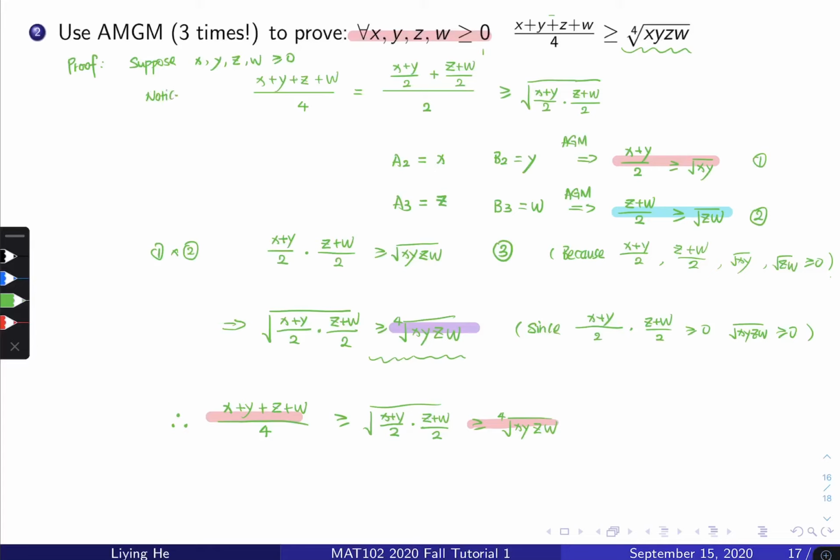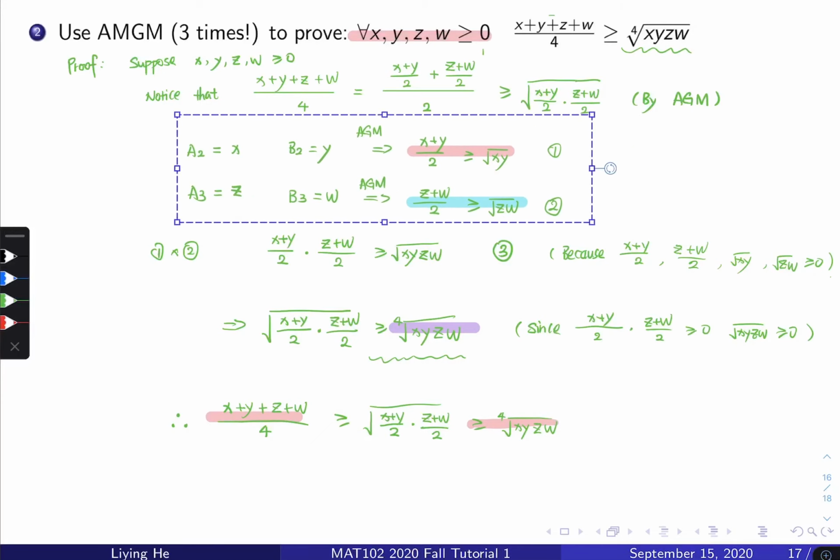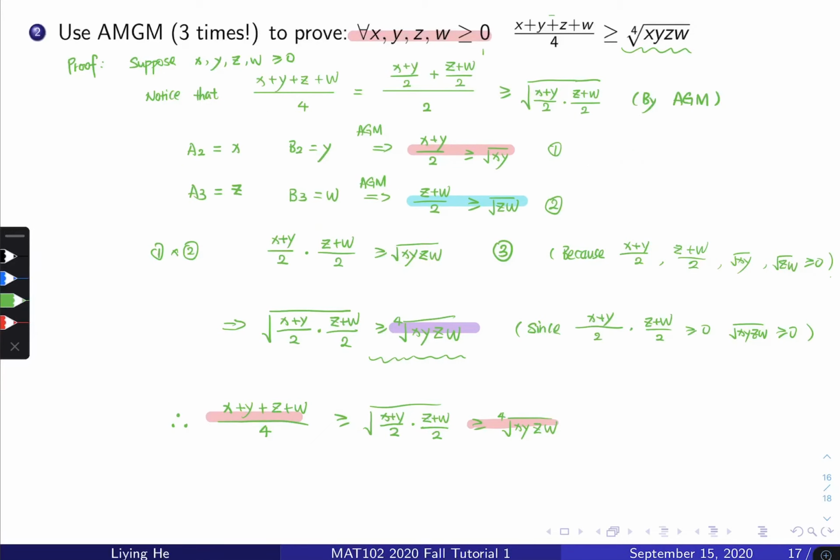Notice that we have this, which is greater than or equal to square root of that. And let's add a bracket by AGM. Okay, now let's move this part to this side.